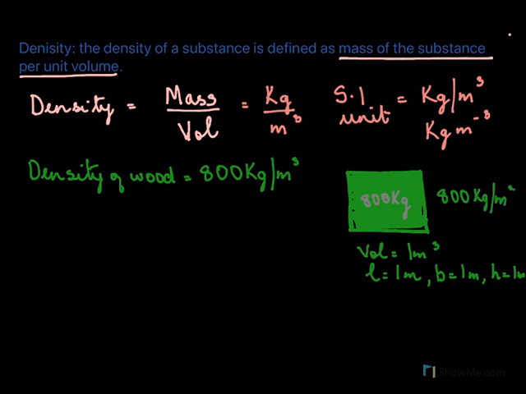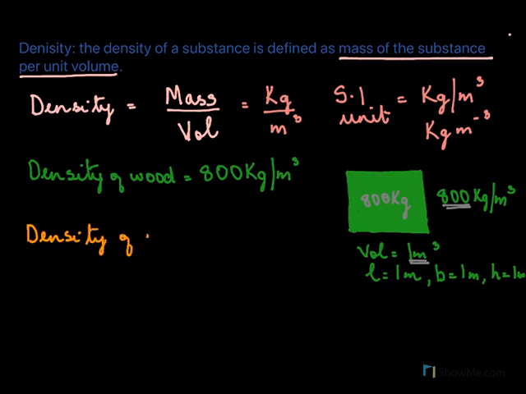Here length, breadth, and height are each 1 meter. So this entire block of 1 meter cube, the mass is 800 kg. Let's take the density of gold.